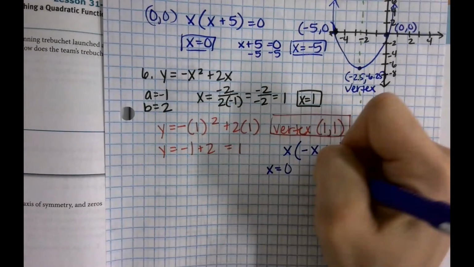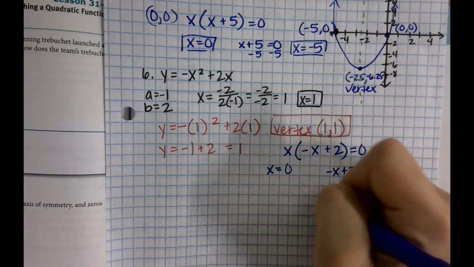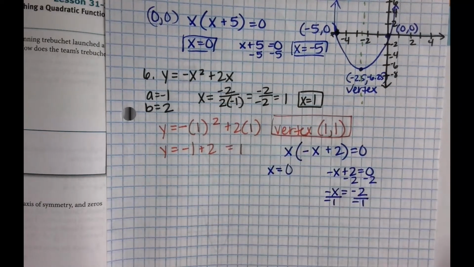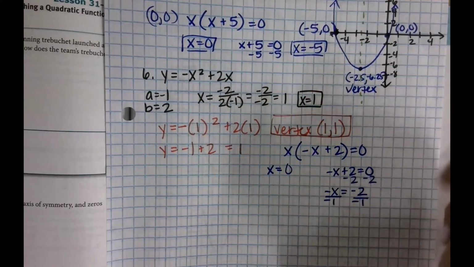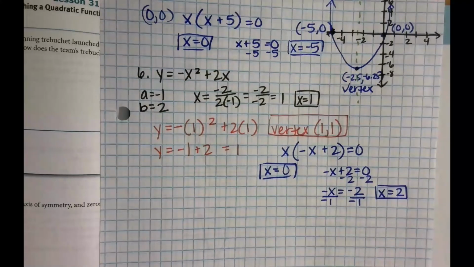Put these equal to 0. Negative x plus 2 equals 0, minus 2, negative x equals negative 2. We need to get rid of that negative x by dividing by negative 1. Negative 2 divided by negative 1 equals 2. So the x-intercepts are at 0 and 2.